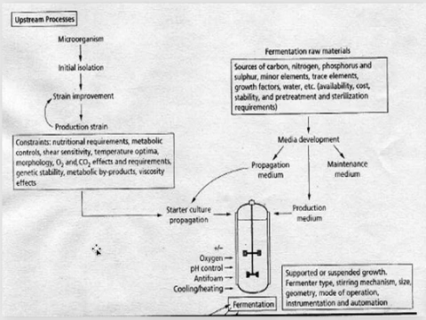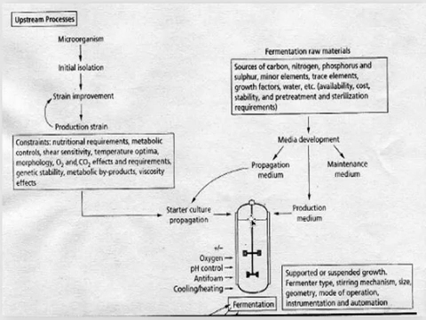After doing everything, when you get your production strain and all the optimum conditions and requirements, you will have to prepare the starter culture, that is the seed culture, which we will put into the final big fermenter.